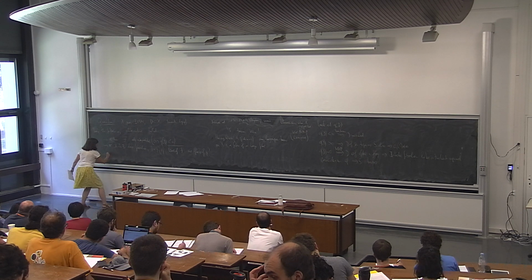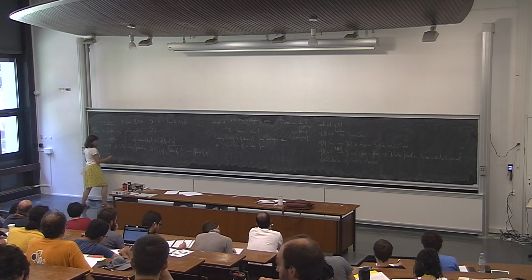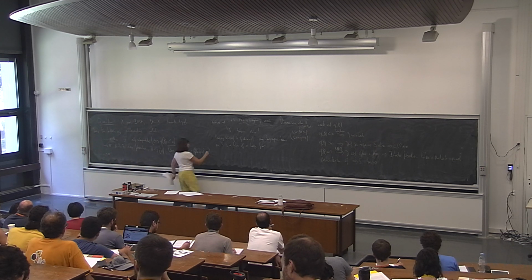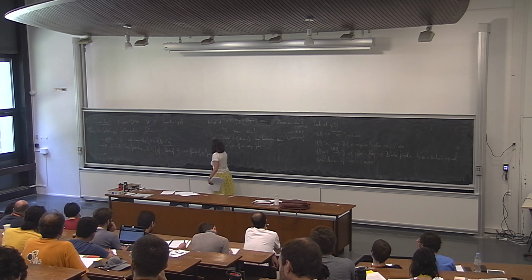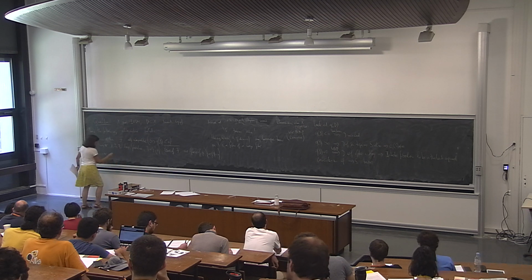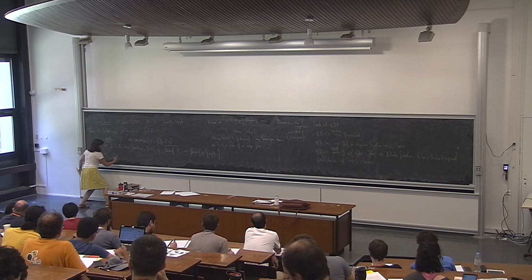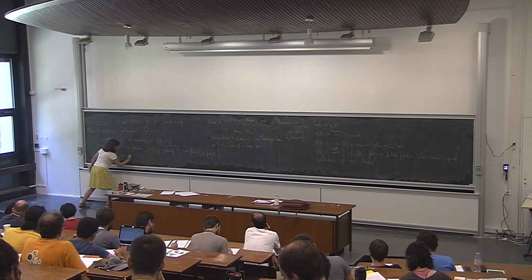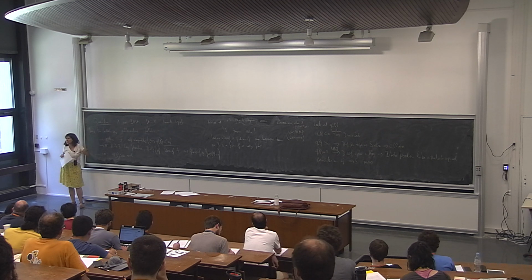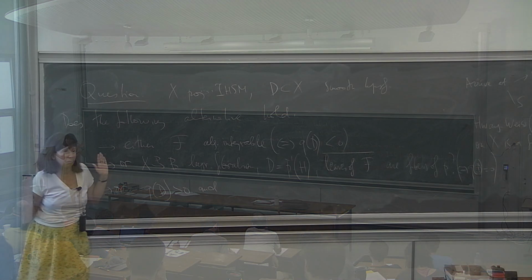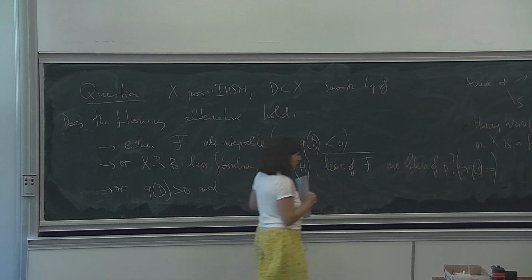Well, this corresponds, of course, to the case Q of G is 0, or Q of G is positive, and the closures of leaves are large. I don't know whether one can dare to say Zariski dense. I don't know. Honestly, I have no clue.